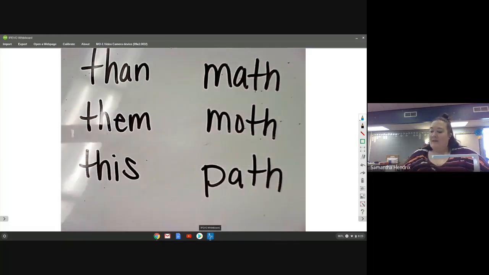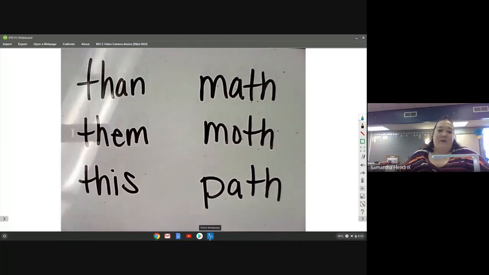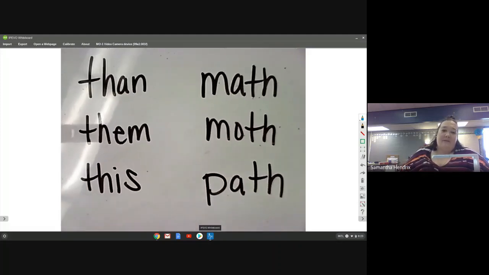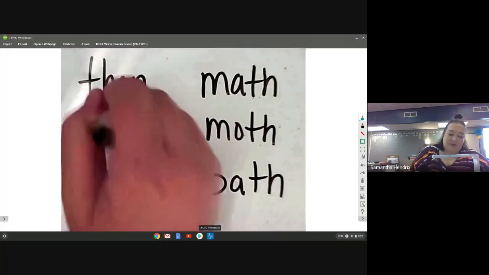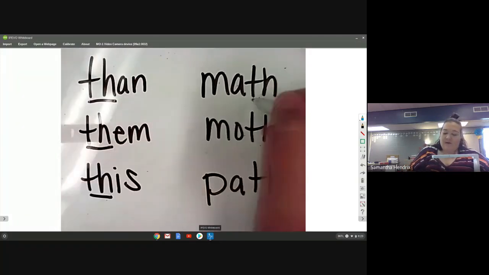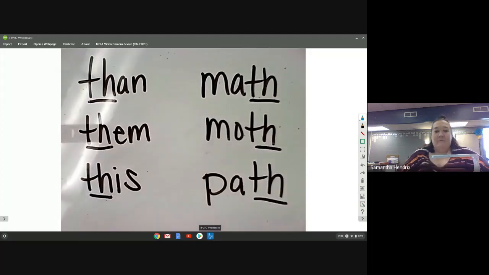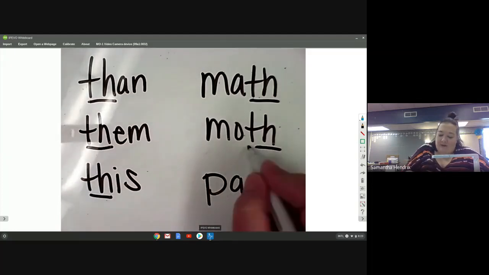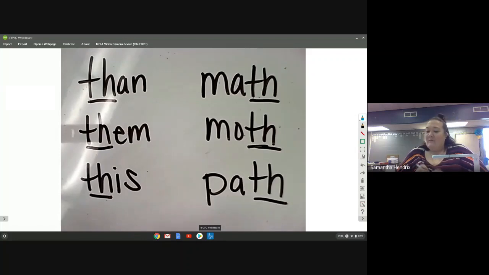Okay. So let's remember, how do we code digraphs? We underline them. So let's code these words. We're going to underline our digraphs. Okay. TH, make sure you get all of it. Okay. So is this TH a vowel digraph or a consonant digraph? It's a consonant digraph. Okay.